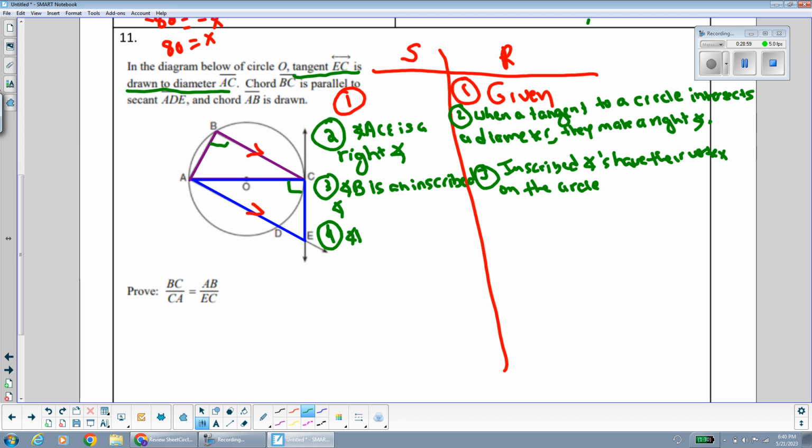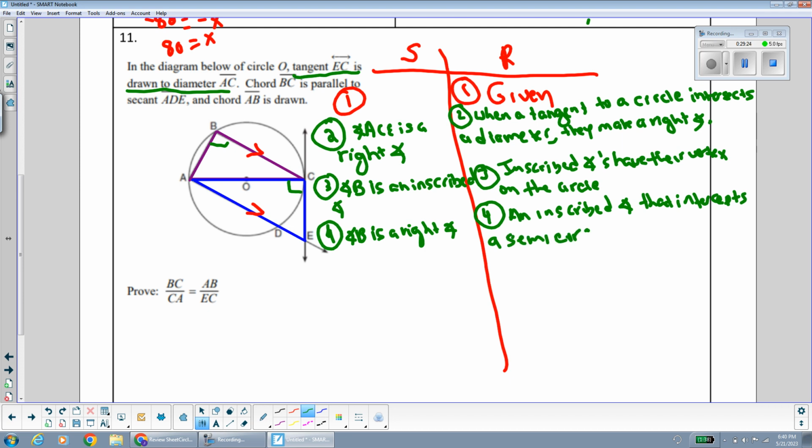So I'm going to write here, angle B is a right angle. And the short way of putting that reason is an inscribed angle that intercepts a semicircle is a right angle.